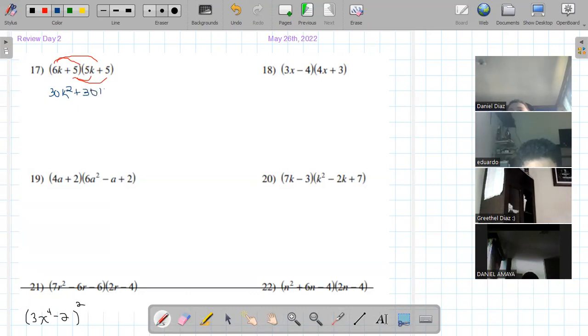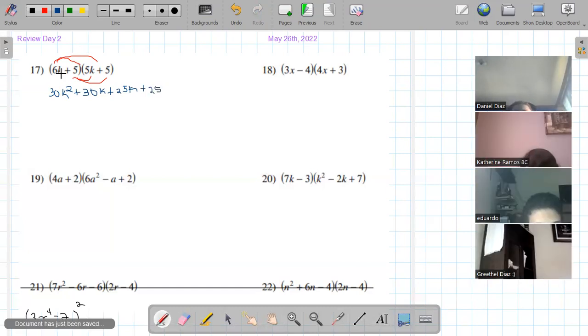How much is 5 times 5k? 25k. So plus 25k. And the very last one, the second term with the very last term, it's 5 times 5? 25. So plus 25.